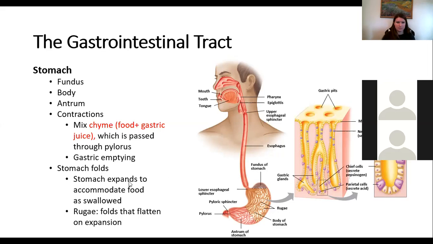Oh, and the stomach folds I mentioned already are these things called rugae in the body of the stomach that allow the stomach to expand when you eat a large meal, but then contract back when your stomach is empty. Save that space, right? Your intestines are also in your abdomen and the food is going somewhere.